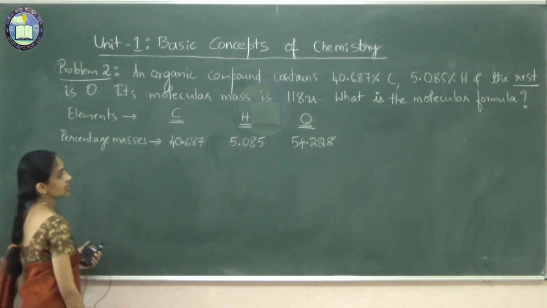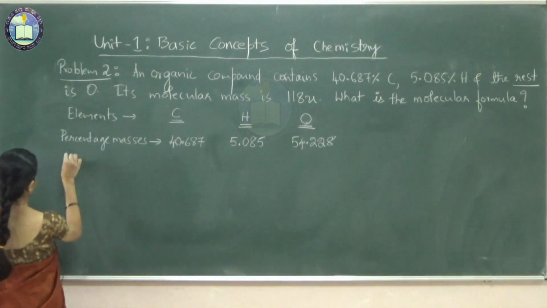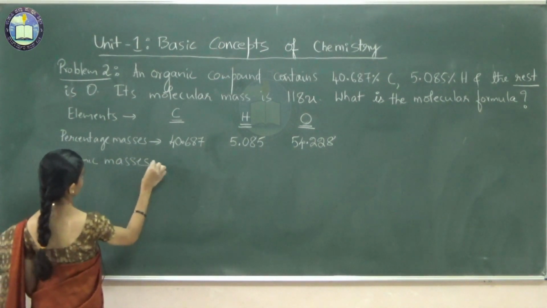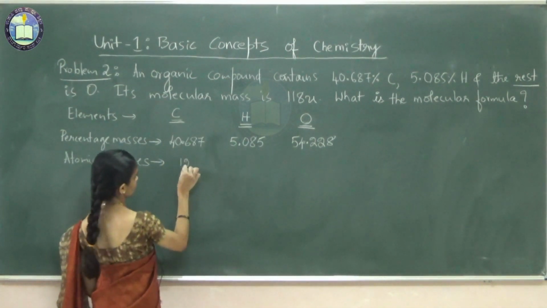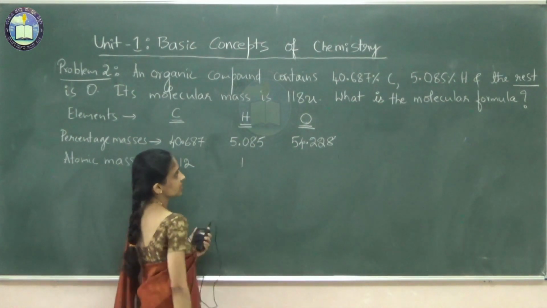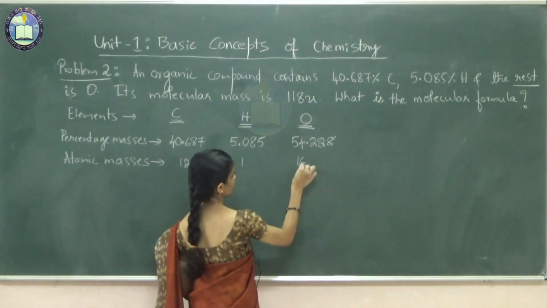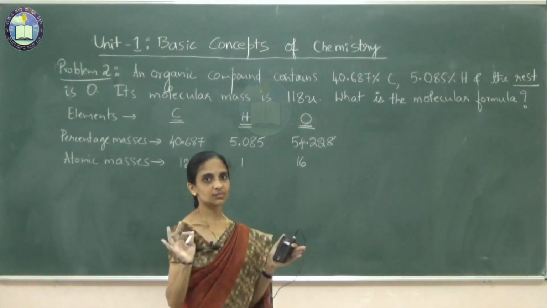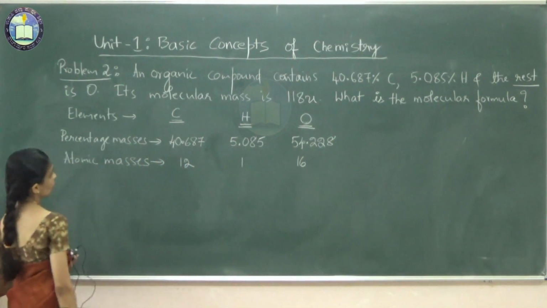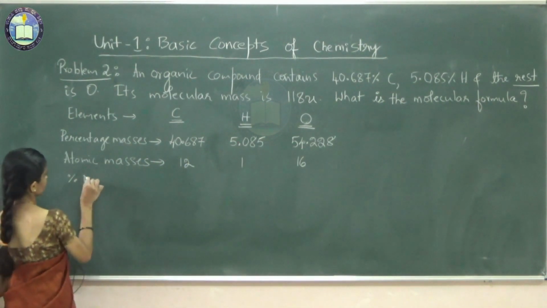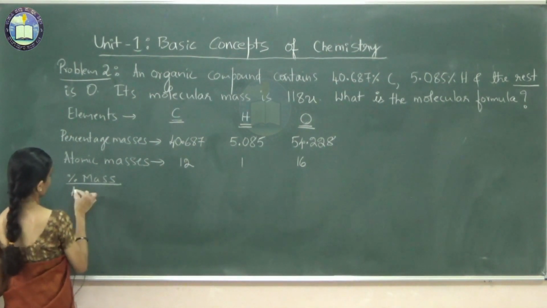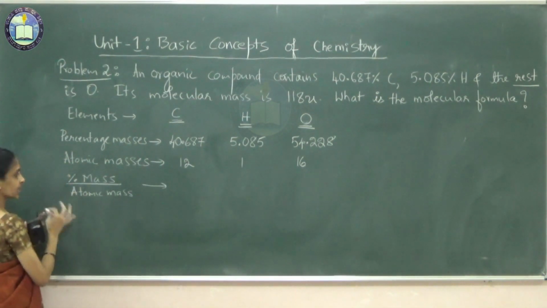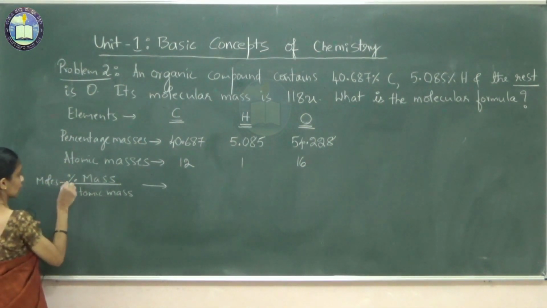Now, once you write the percentage masses, the next step is to list the atomic masses. For carbon, 12, for hydrogen it is 1, and for oxygen it is 16. Sometimes these are given in the problem, sometimes they are not. Okay. So now divide the percentage mass by atomic mass. What do you actually get? You get the number of moles.